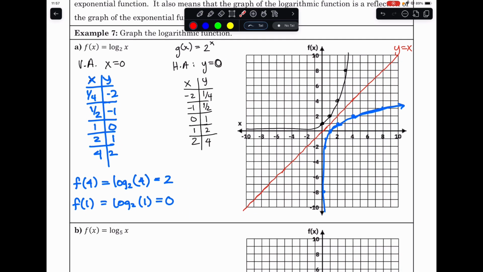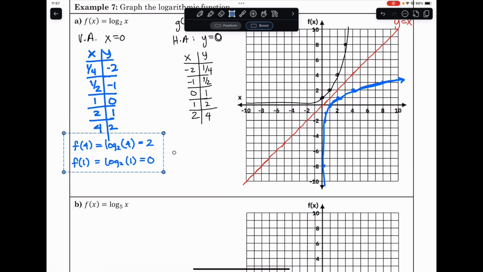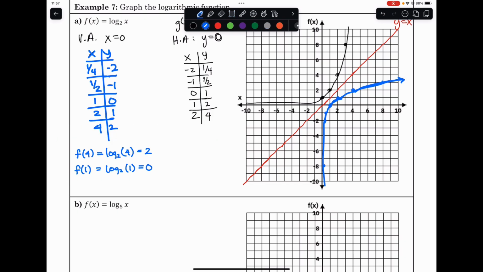Now, interestingly, notice that the y-intercept of the exponential is now the x-intercept at (1, 0). And notice that when the base and the input value are the same, like in this one, it ends up equaling 1. So if I evaluate my function at 2, notice that these two values are the same.